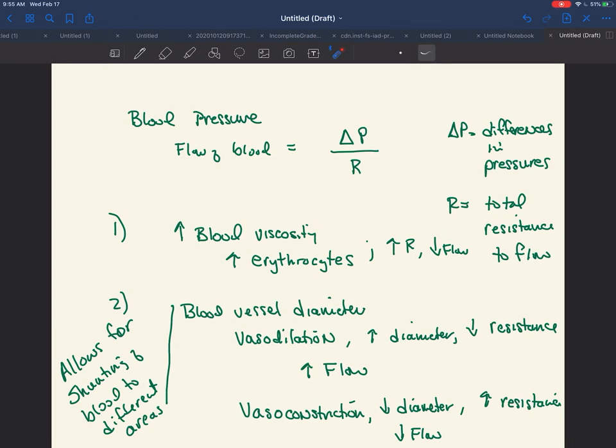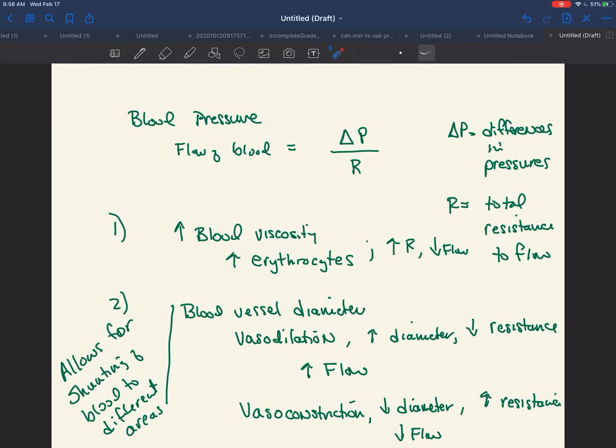As we increase the diameter, we decrease the resistance, and if we look back at the formula, that increases your flow. This is opposed to vasoconstriction, where we decrease the diameter and increase the resistance. It's like putting your thumb over the end of a hose, which decreases flow in that area.